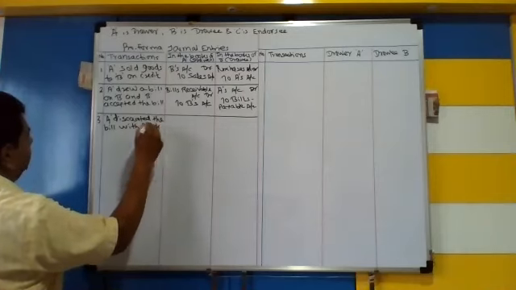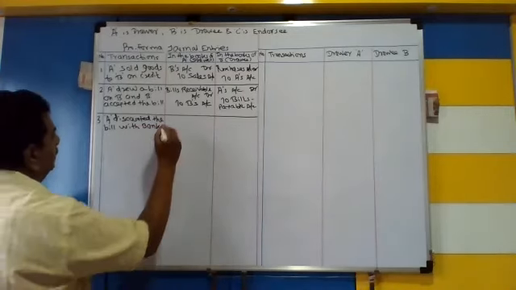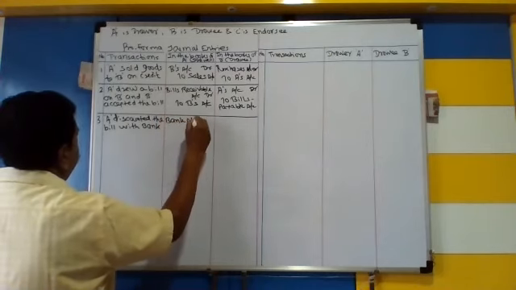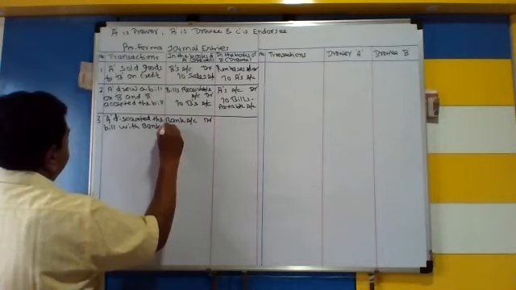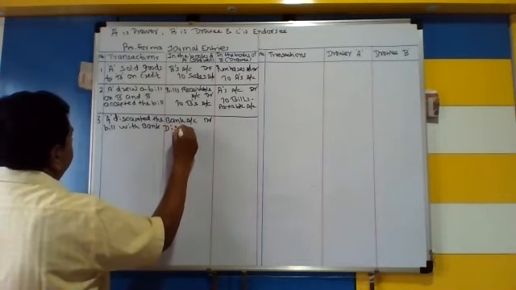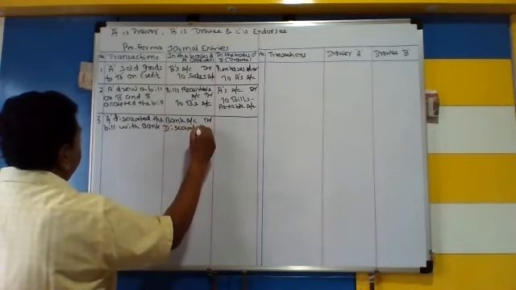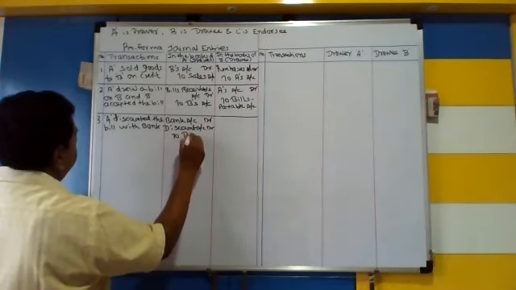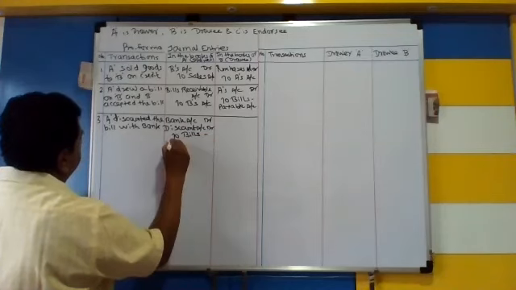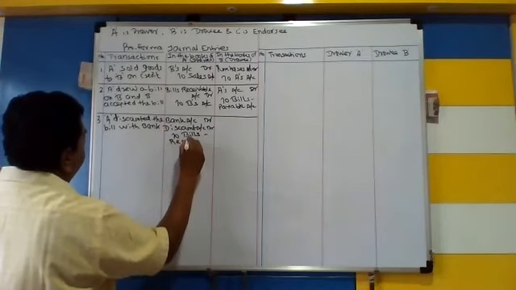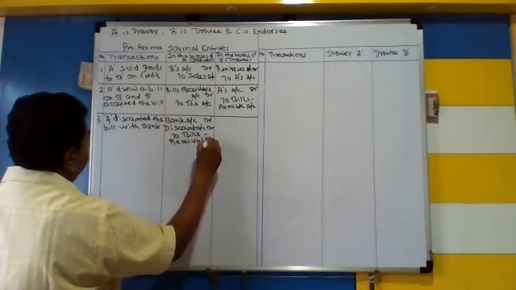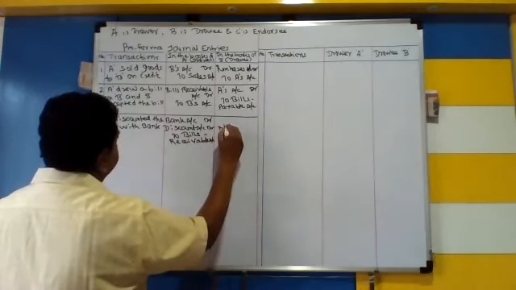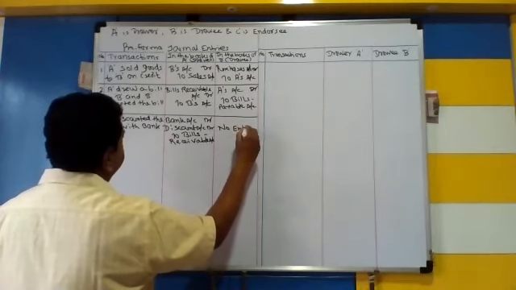Now A will pass the entry: bank account debit, discount account debit to bills receivable account. Here, no entry.